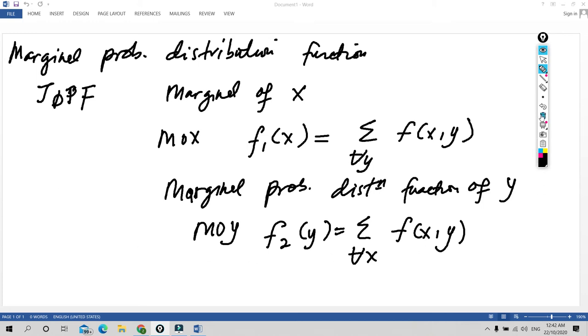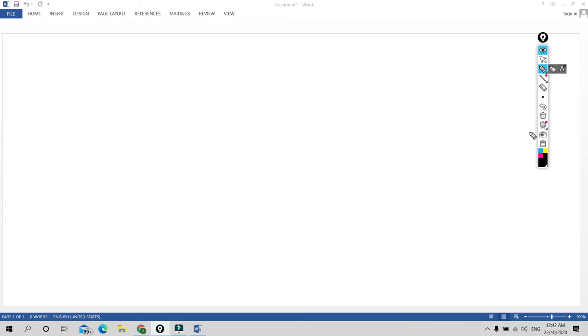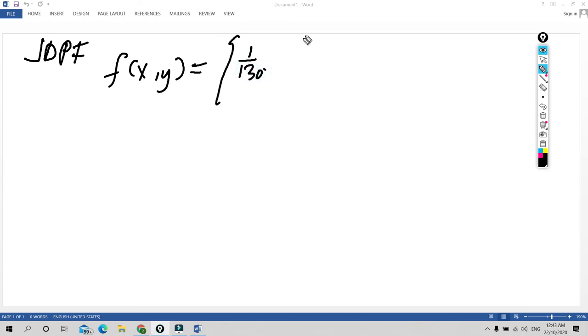Now let's say I have one example here. Let's say the joint discrete probability function is given as f(x,y) equal to 1 over 130 times (x plus 3y), 0 elsewhere.